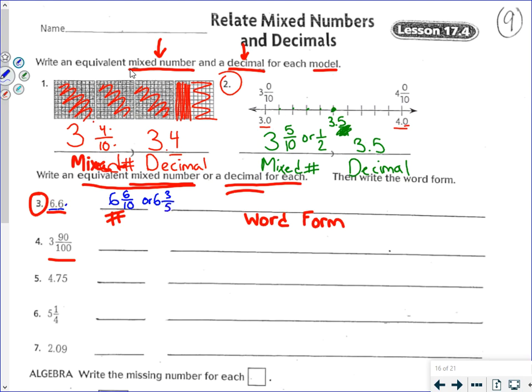But I'm going to stick with this one. For word form, I'm going to write 6 and, right? Because that is our whole number, 6, and this signifies that we're moving on to our fraction part, and 6 tenths. Just like that. Okay?